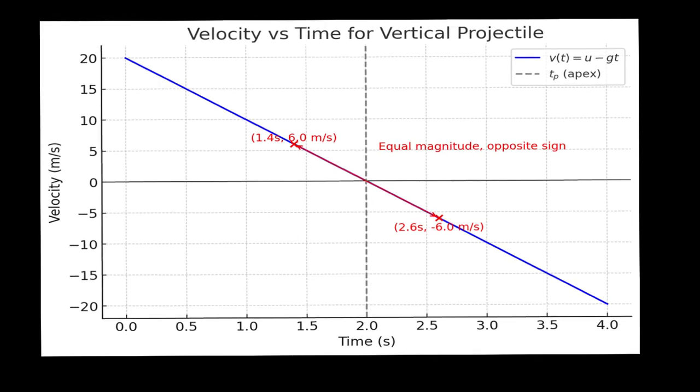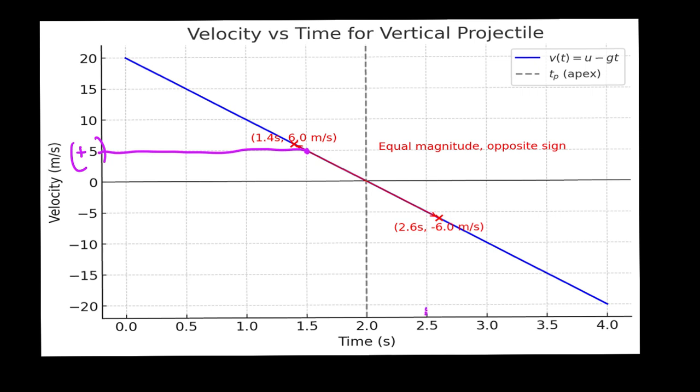If we were to understand the graph here, we have velocity on the y-axis and time on the x-axis, with velocity plotted from negative 20 to positive 20. So at time 1.5 seconds, the velocity corresponds to plus 5.